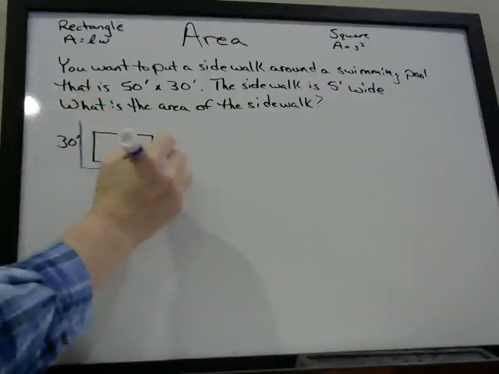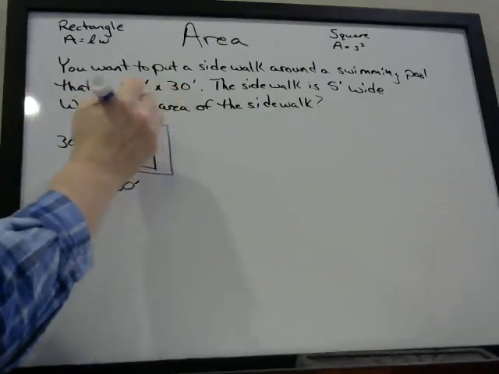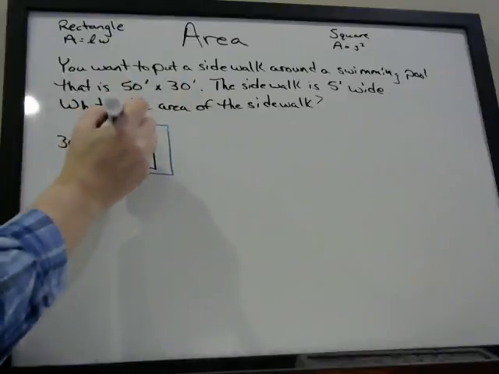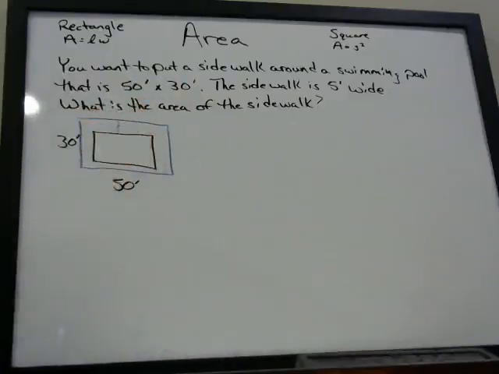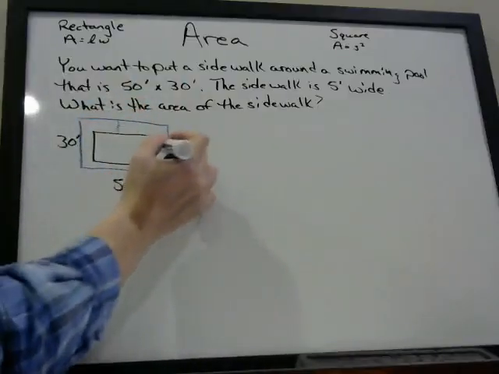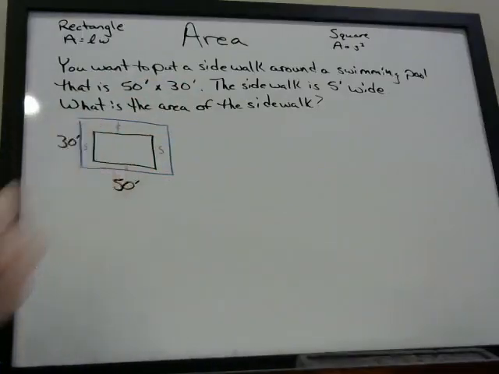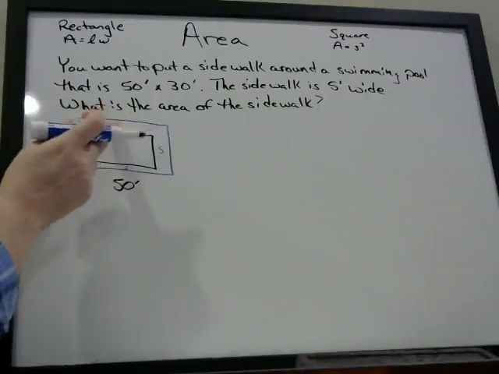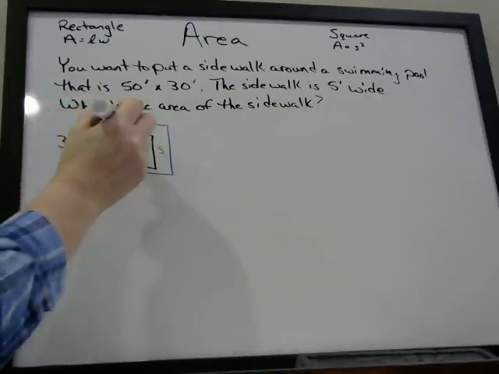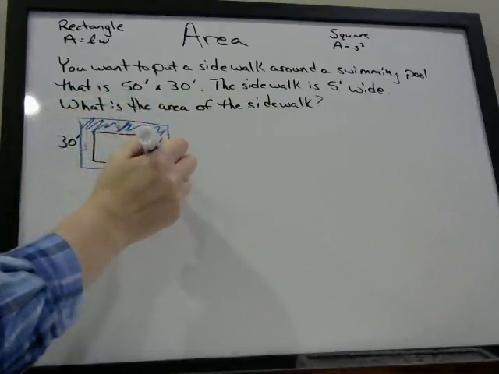And the sidewalk is going to be 5 feet. So from there to there is 5 feet. This is 5 feet. 5 feet. It's not drawn to scale very well. But each side is 5 feet. And what we want to know is, what is the area of the sidewalk?